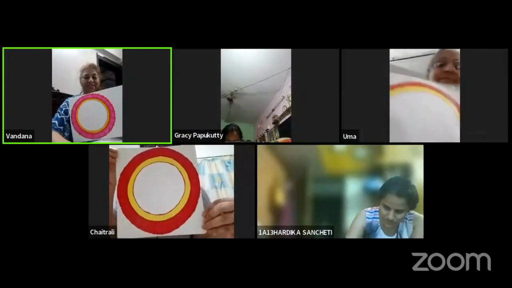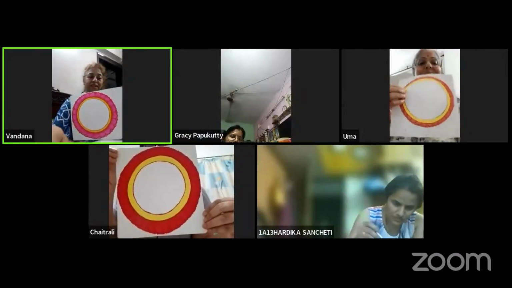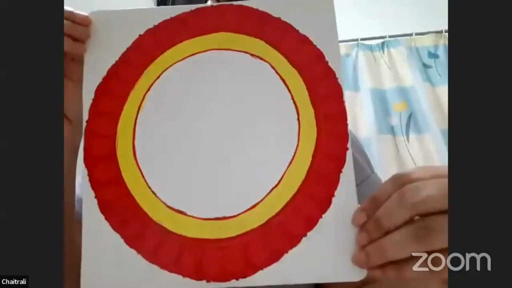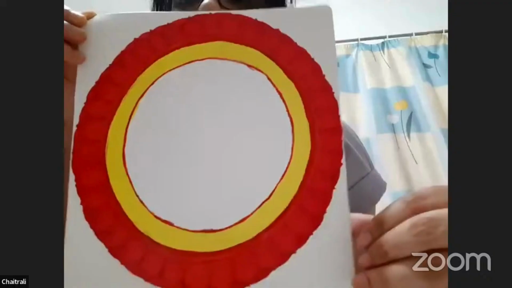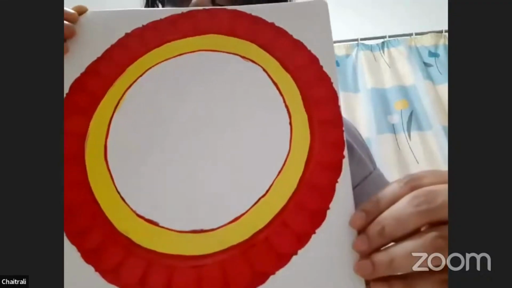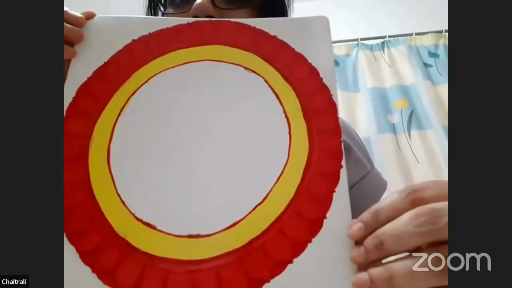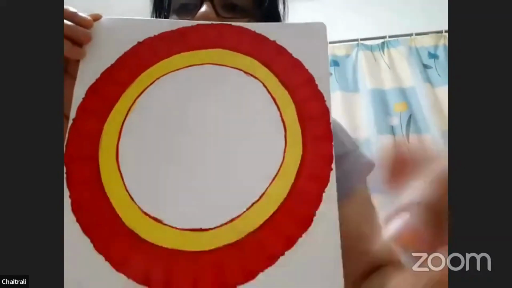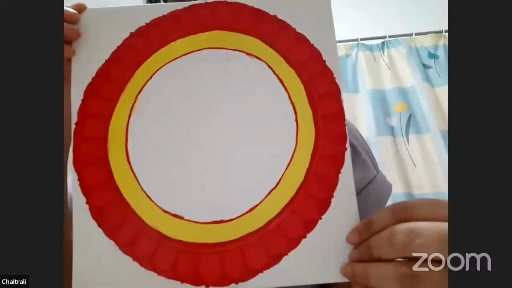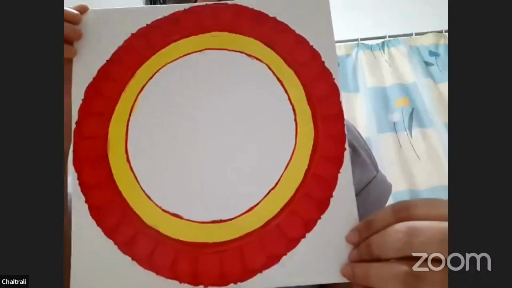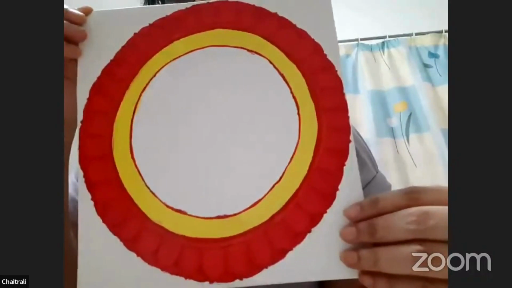Amazing work. Chetrali. Beautiful. Wonderful. I think Chetrali, you can use a darker color in the outer part to highlight your petals a little more. So maybe in the red, you can add a little bit of black since your outer circle is slightly darker so that your petals are highlighted. Okay. Wonderful. Very nice.